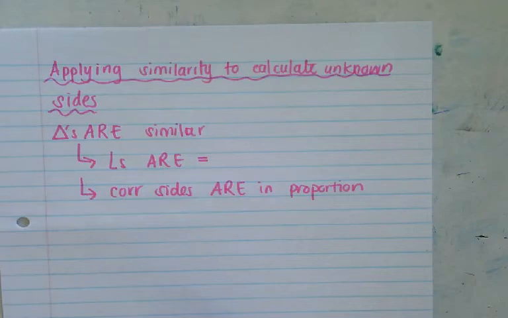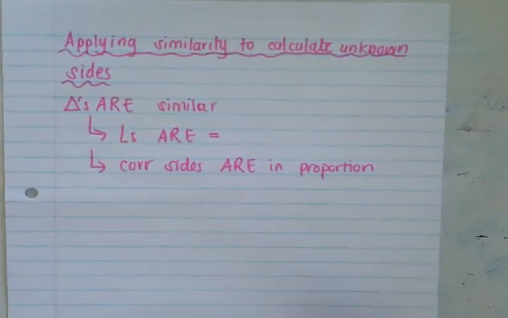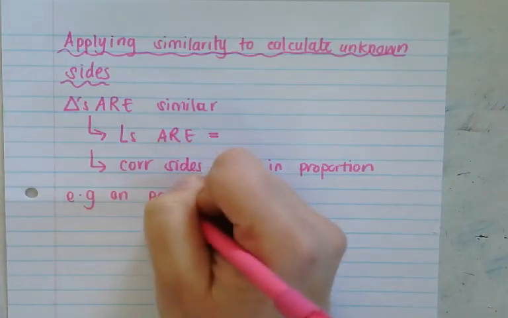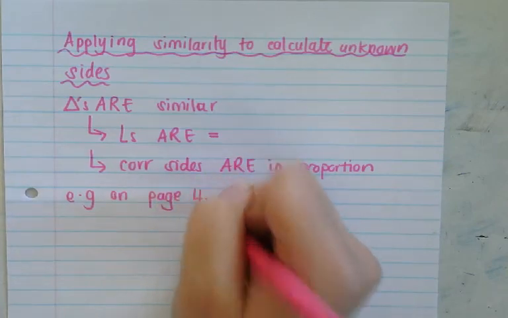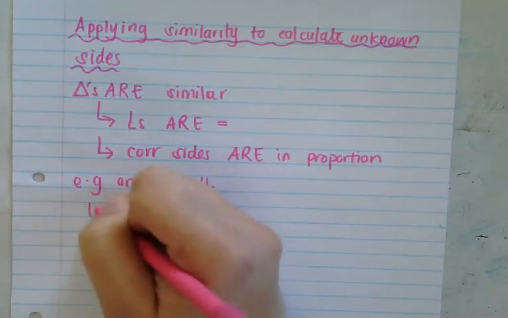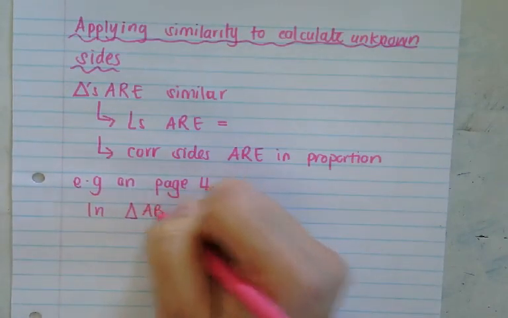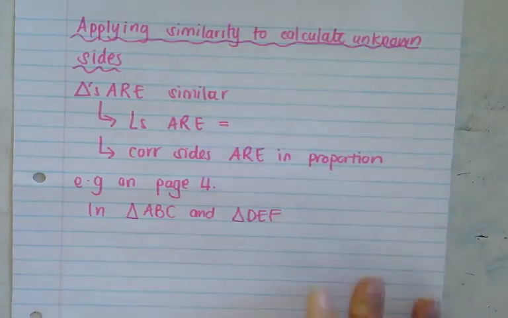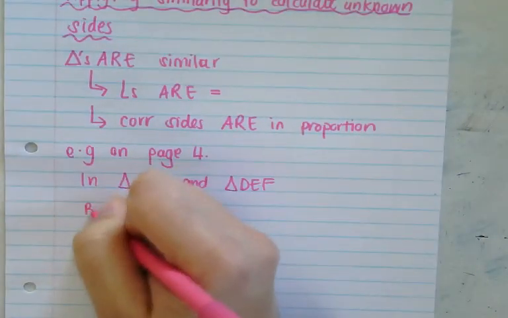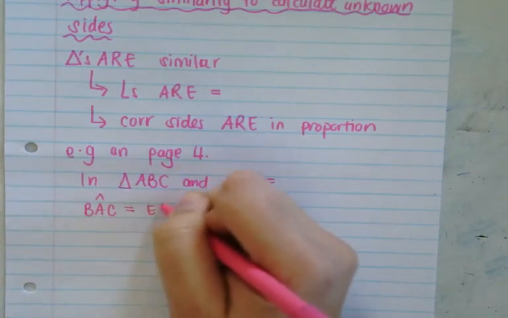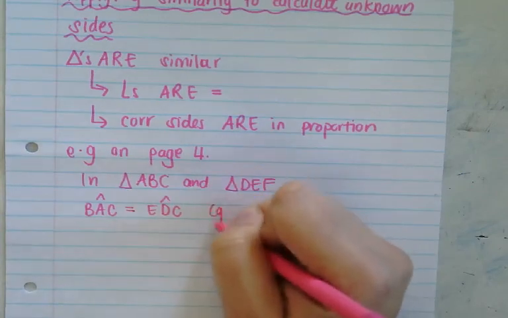Looking at that diagram, we are first going to prove that they are similar. The example on page 4. I know Ms. Saunders says that they are, but I'm going to show it again. In triangle ABC and triangle DEF, angle BAC is equal to angle EDF, and that's given to me.